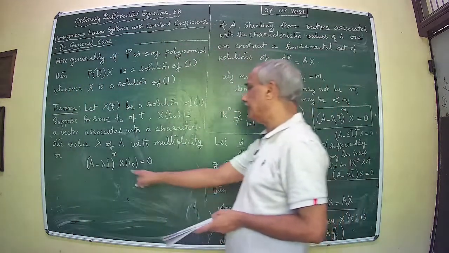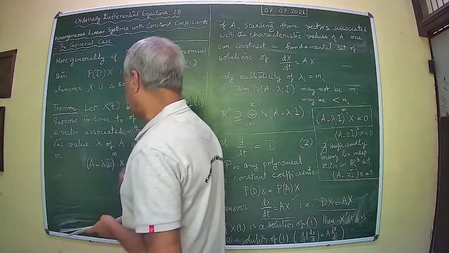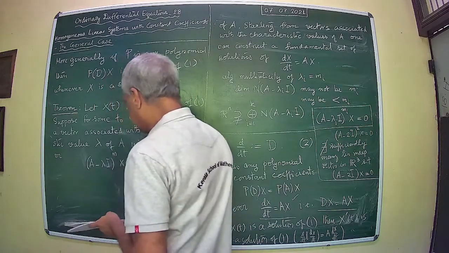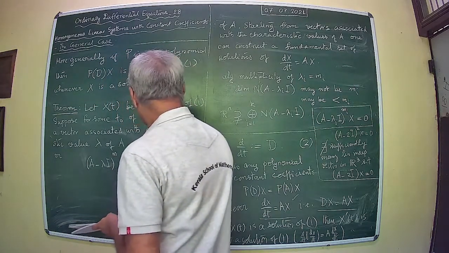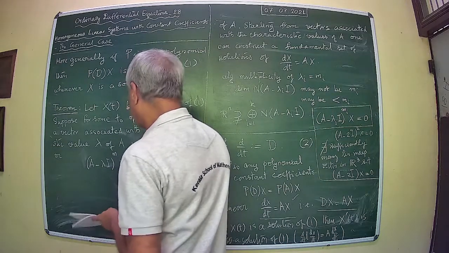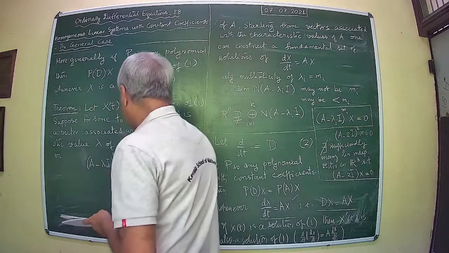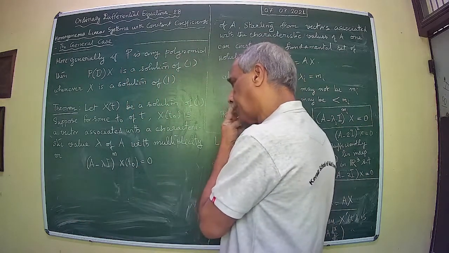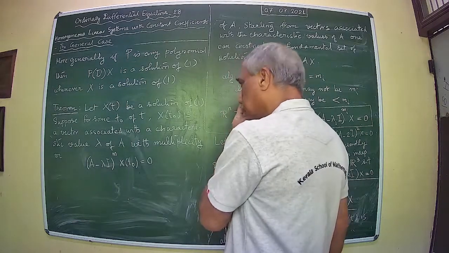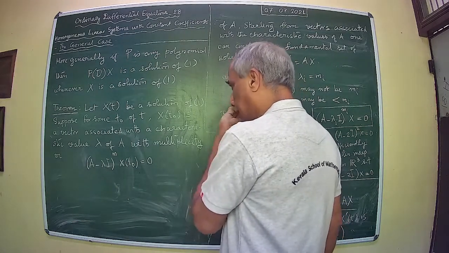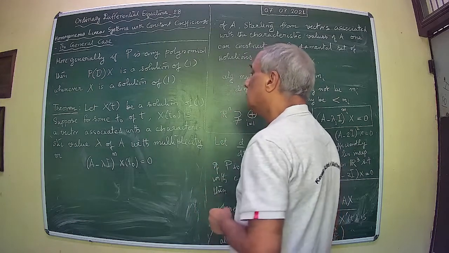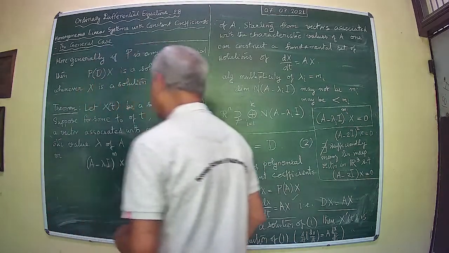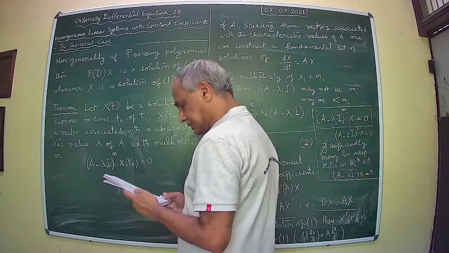See, x(t naught), if it is an eigenvector of A belonging to the eigenvalue lambda, then this equation is certainly satisfied. But there exist other vectors which satisfy this particular equation, okay, for m. And those vectors are all called the vectors associated with a characteristic value lambda of A with the multiplicity m. Okay, so this condition is satisfied.